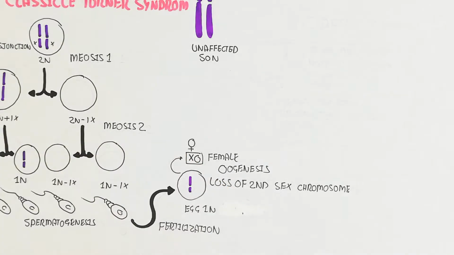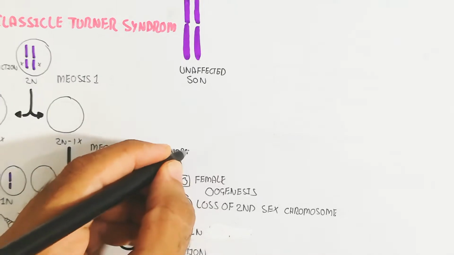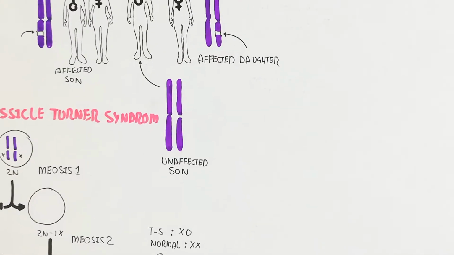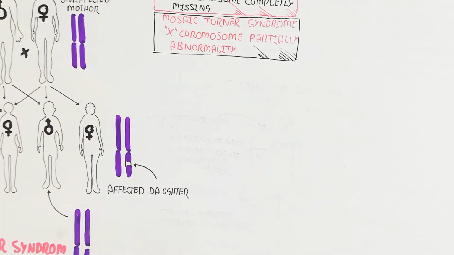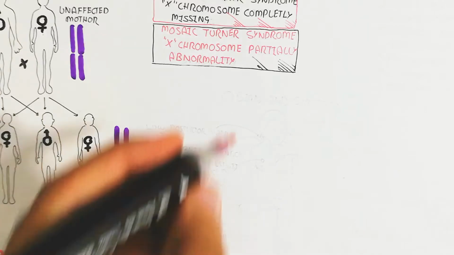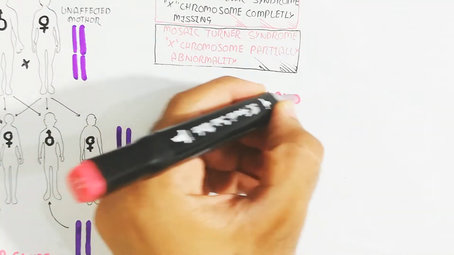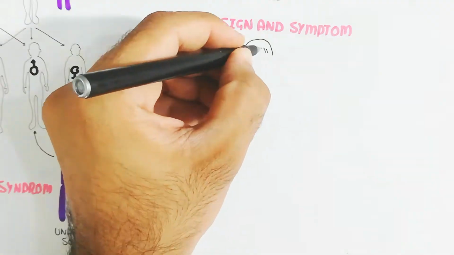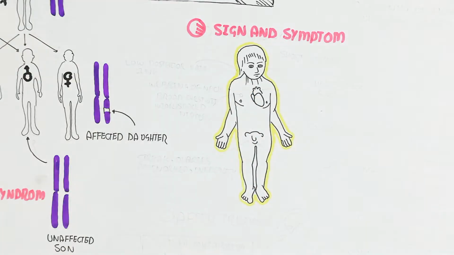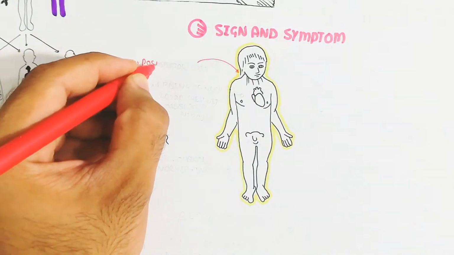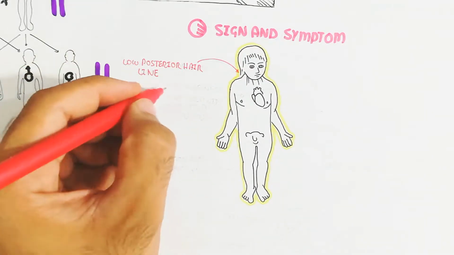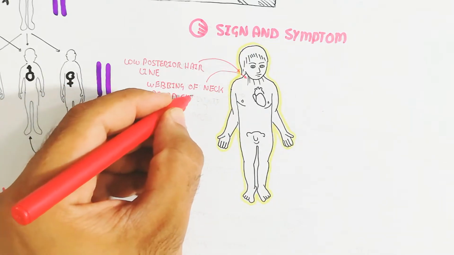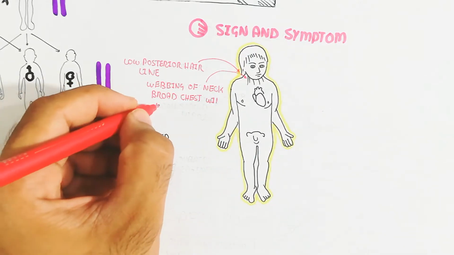Let's begin to understand and go to the signs and symptoms. The signs and symptoms can be different for different individuals with Turner syndrome, but the common ones are a low posterior hairline and webbing of the neck, a broad chest, widely spaced nipples.